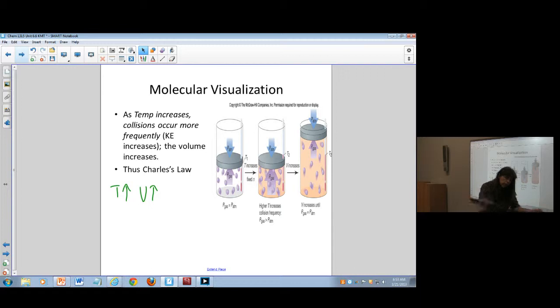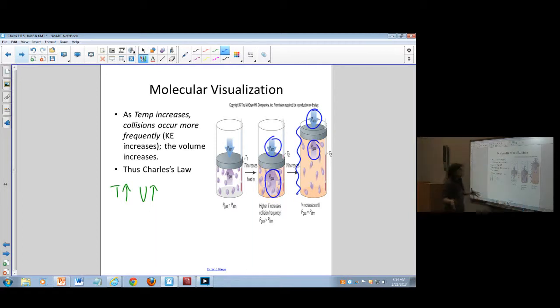They run into each other a whole lot harder than they did before, and they also run into each other more often because the temperature is higher. And so eventually, after we increase the temperature, the volume will readjust to where the pressure of the atmosphere is again the pressure of the gas. And in doing that, we've ended up increasing the volume.